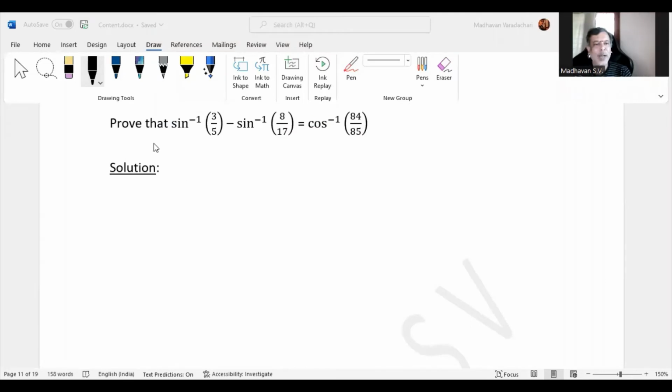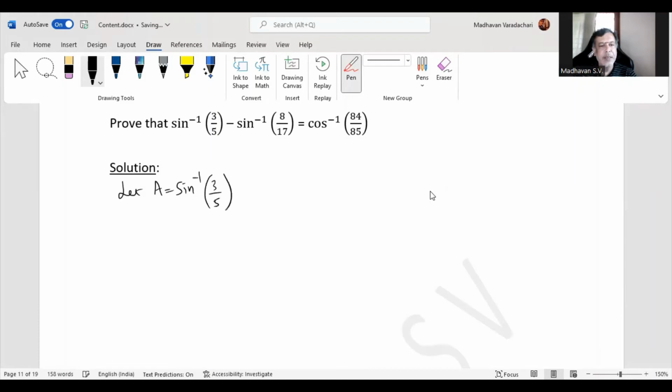This we need to prove that sine inverse of 3 by 5 minus sine inverse of 8 by 17 equal to cos inverse of 84 by 85. Again, let capital A equal to sine inverse of 3 by 5, which means sine A is 3 by 5. Then similarly, B equal to sine inverse of 8 by 17, which means sine B is equal to 8 by 17.